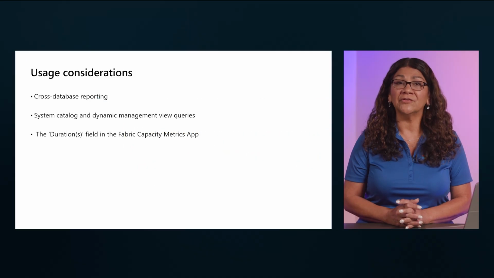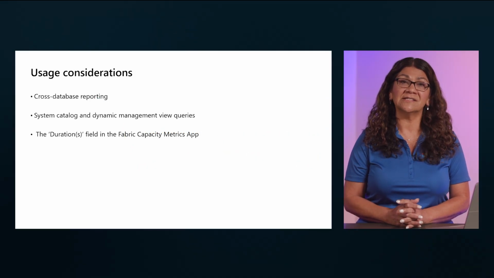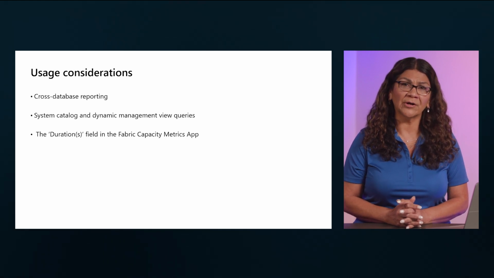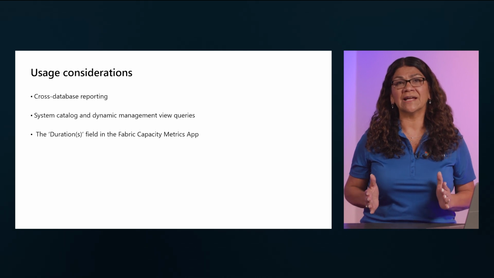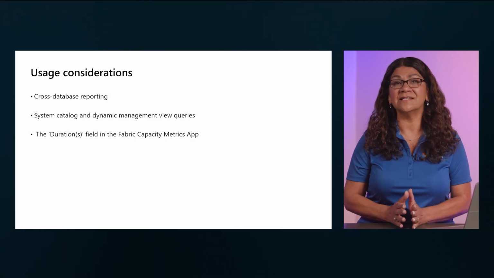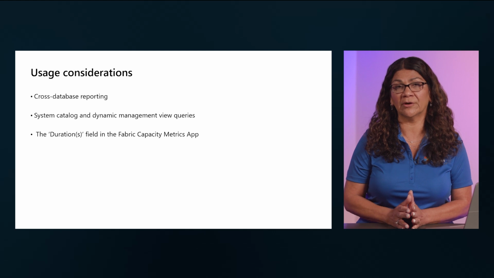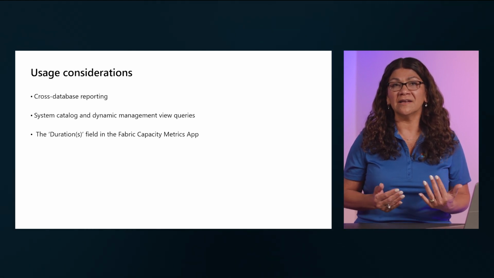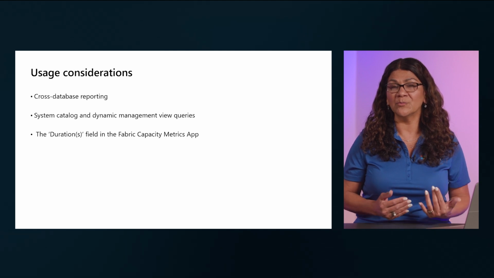There are a few usage considerations to think about as you use the Fabric Capacity Metrics app. In cross-database reporting, usage is reported against the resource initiating a T-SQL query, joining multiple warehouses or a warehouse and a SQL Analytics endpoint.